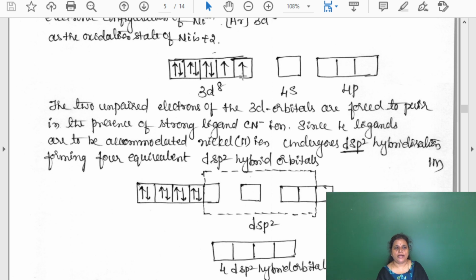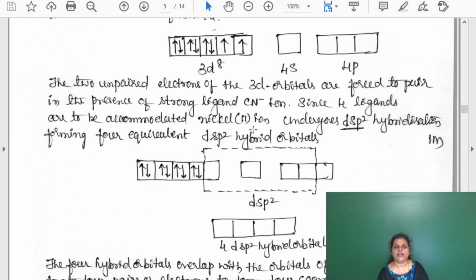The 2 unpaired electrons of the 3d orbitals are forced to pair up against Hund's rule of maximum multiplicity in the presence of a strong ligand. CN minus is a strong field ligand.